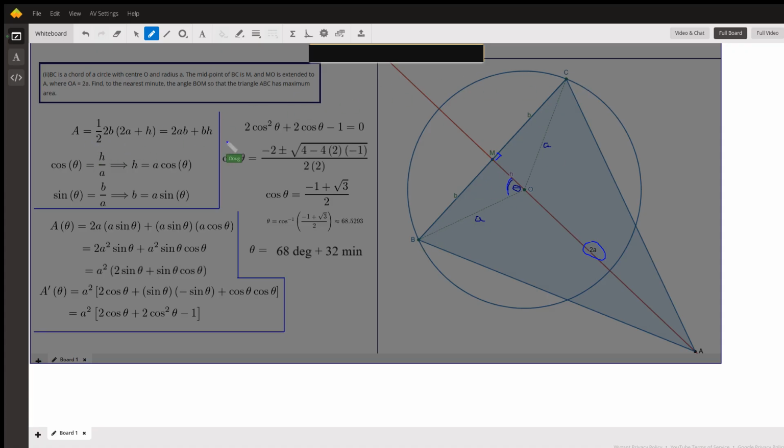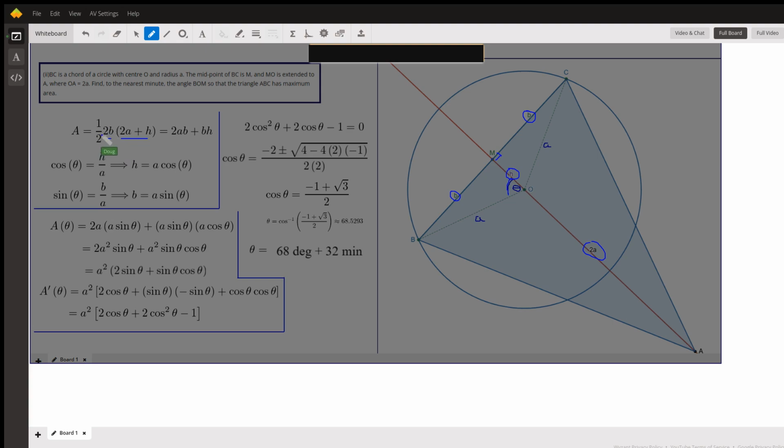If we call this a little b and this little b, because M is a midpoint, and h this altitude right here of triangle OBC, then the area of that triangle is 1/2 the base, which is 2b's, times the height, 2a plus h, because we call this little segment right here h.